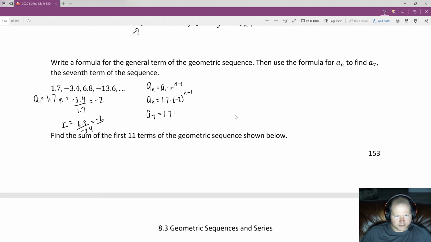So we say 1.7 times negative 2 to the n minus 1, n being 7, because we're looking for the 7th term, and then minus 1. So what we end up with is 1.7 times negative 2 to the 6th power, which gives us 1.7 times, now a negative to the 6th power is going to be a positive, and 2 to the 6th power is going to be 64. So 1.7 times 64 is 108.8.